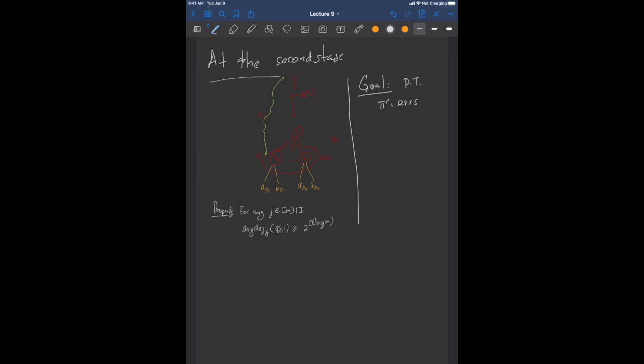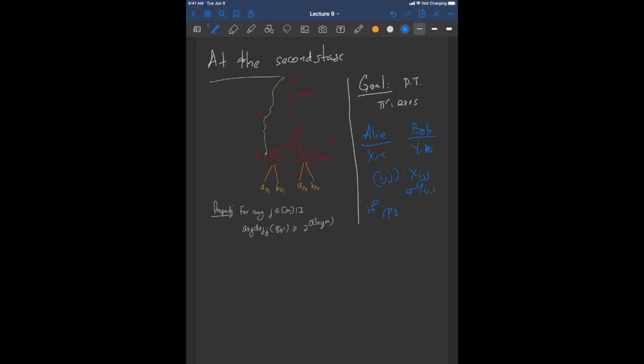So remember, let me briefly remind you what the promise version was of the universal composition of universal relation. This was the problem where Alice gets xa and Bob gets yb, and the goal is to find an ij such that xij is not equal to yij if the following promises hold.